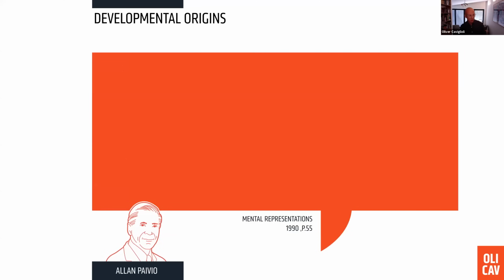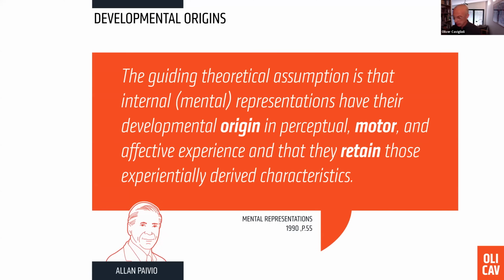We should have a look at Alan Paivio in his book I mentioned, Mental Representations. Have a read of that. He says something very strange, not something that people normally pick up on.